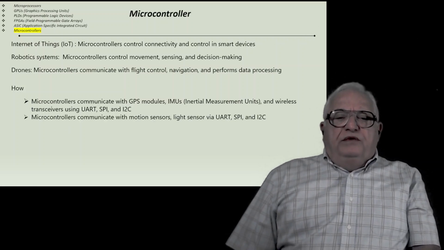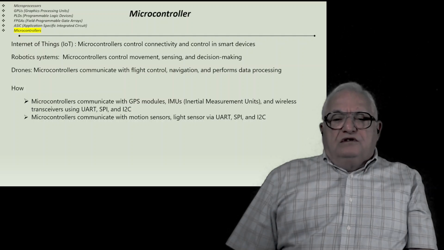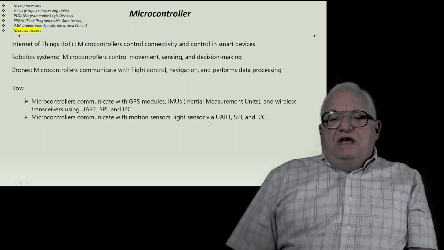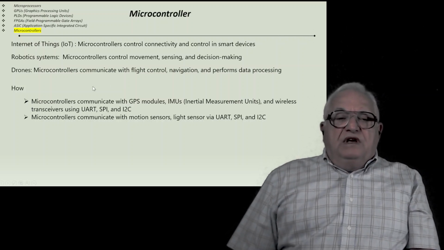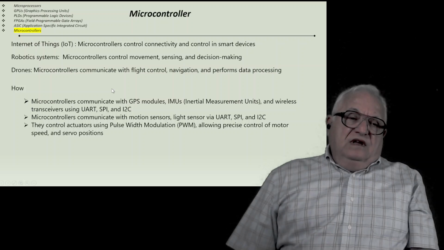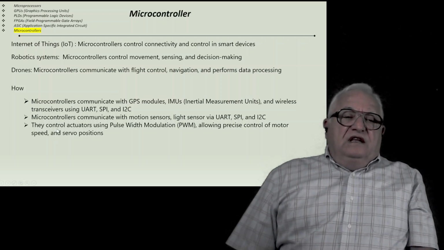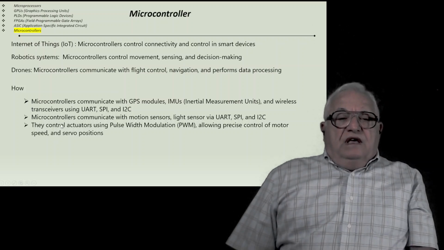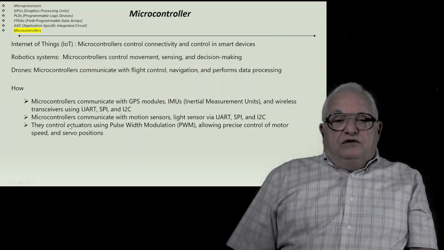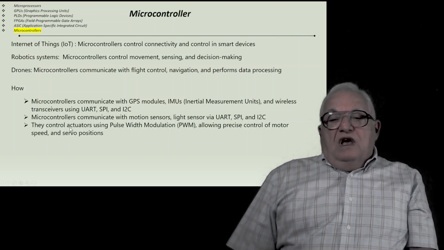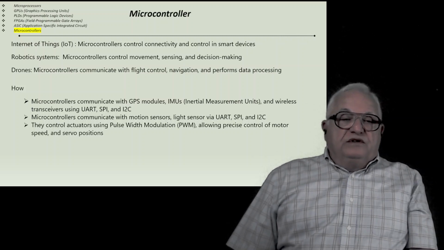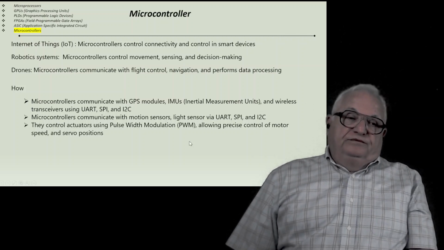Microcontrollers communicate with motion sensors and light sensors, again via these serial interfaces, UART, SPI, and I2C. Most of the sensors that you'll find out there, if not all, communicate in one of these three serial interfaces. Next, the microcontroller can control actuators using pulse width modulation, allowing precise control of motor speeds and servo positions.